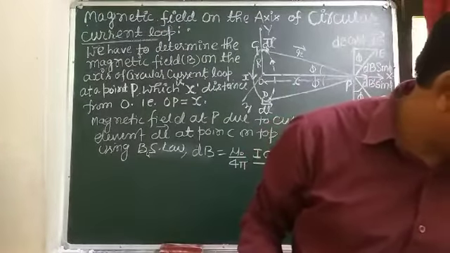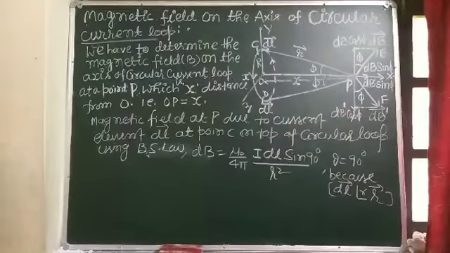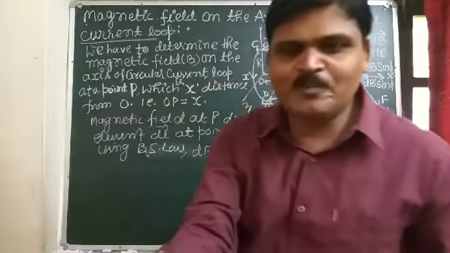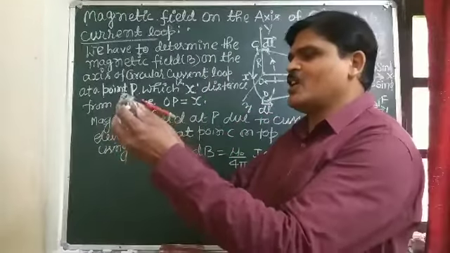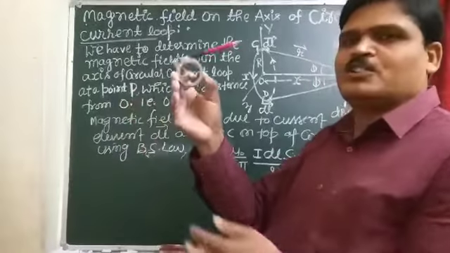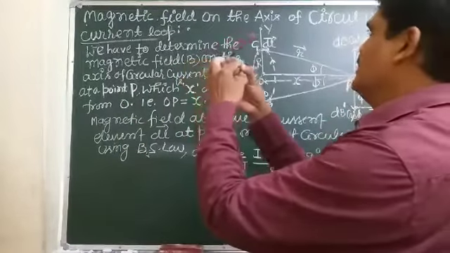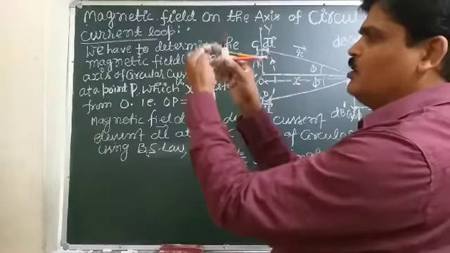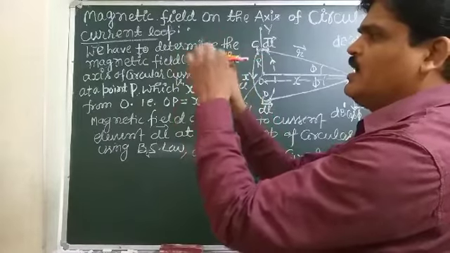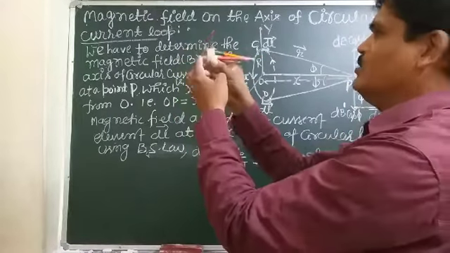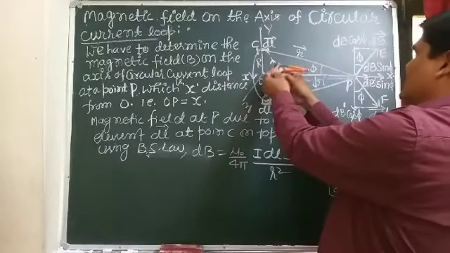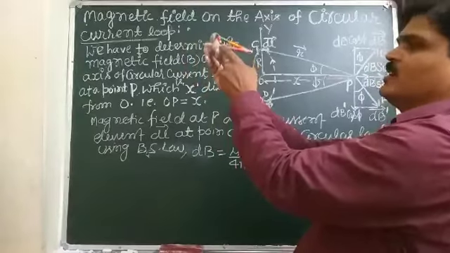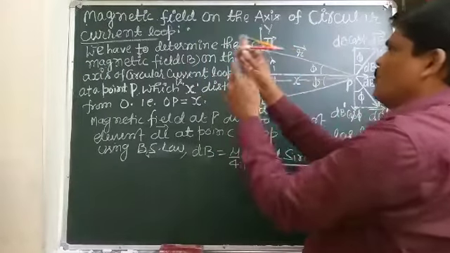From this diagram it is very difficult to see that theta equals 90 degree, so now I am using a model to explain how the angle theta is 90. Students, see here, this is the circular current loop with current flowing, and this sketch pen inside the loop is the axis OP.